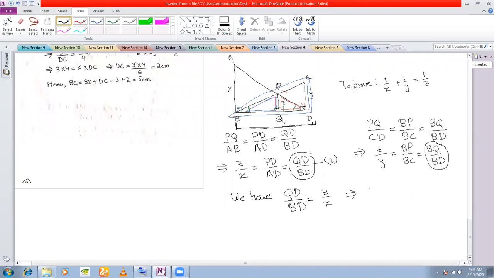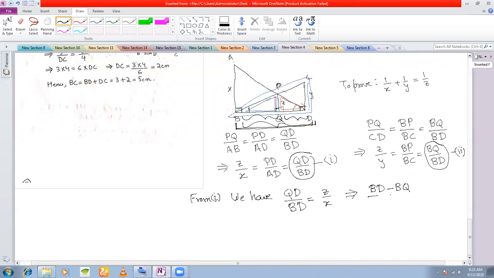Now what is QD? QD is nothing but BD minus BQ. Let us call this 2, and we are starting from 1. QD by BD is equal to Z by X. And QD, this length, is nothing but this entire length BD minus this BQ.